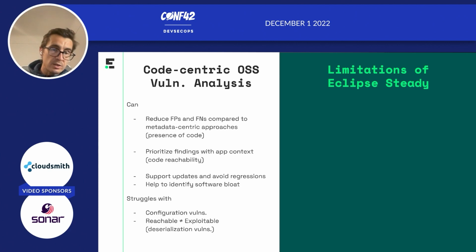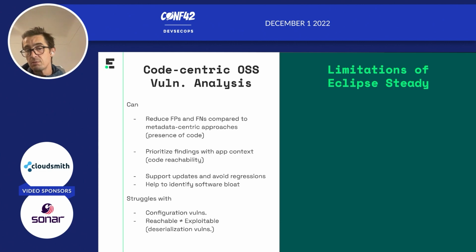You can prioritize findings because of having this application context, understanding code reachability, and they can help you with updates, avoiding regressions, and to identify software bloat.